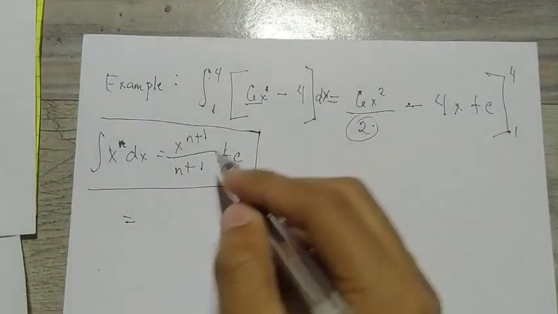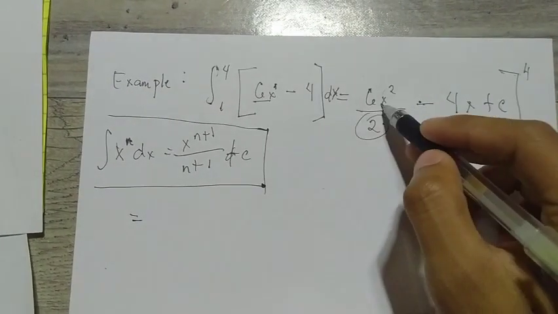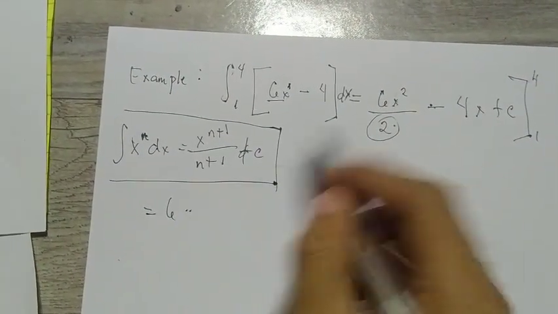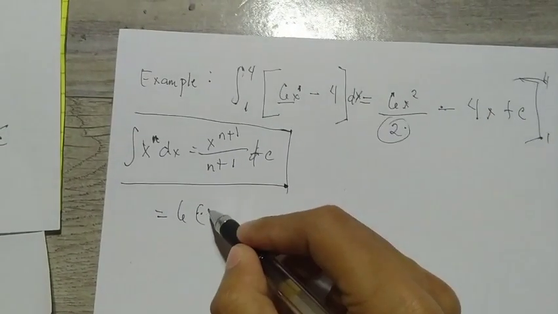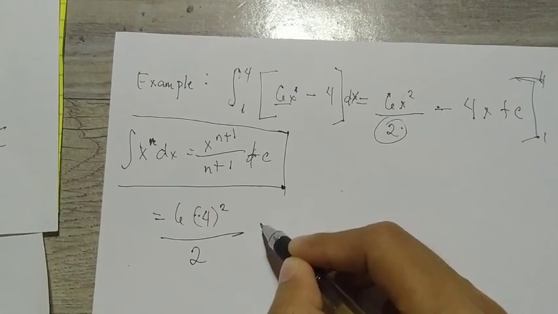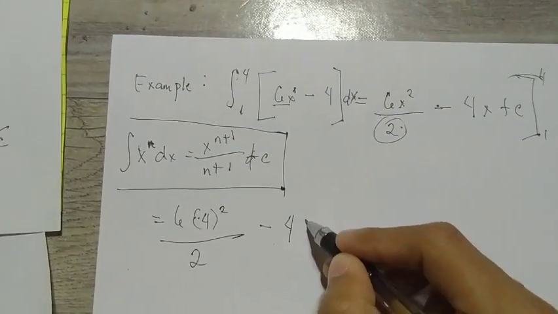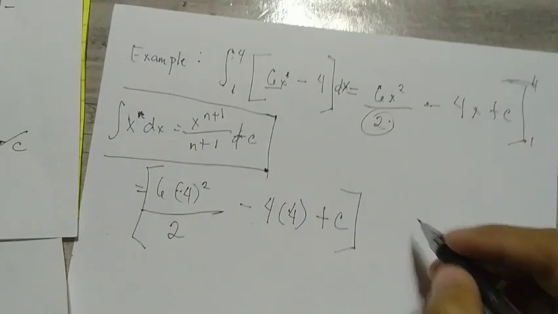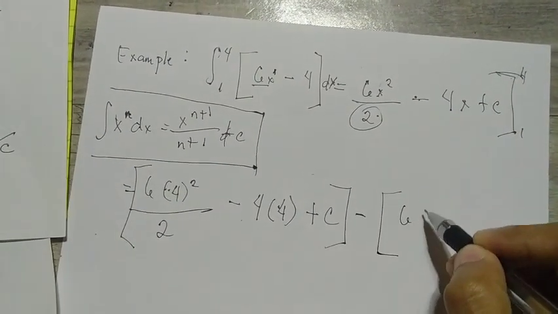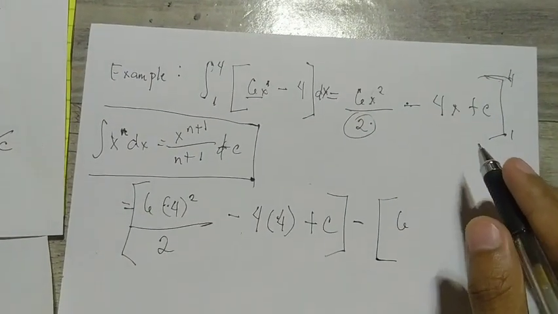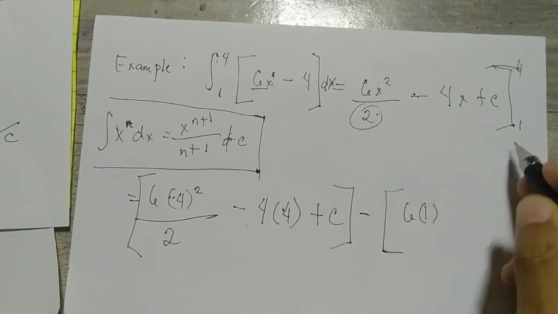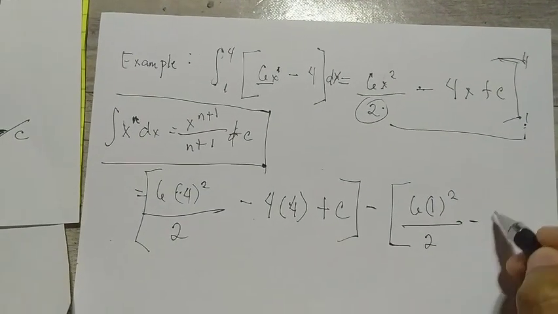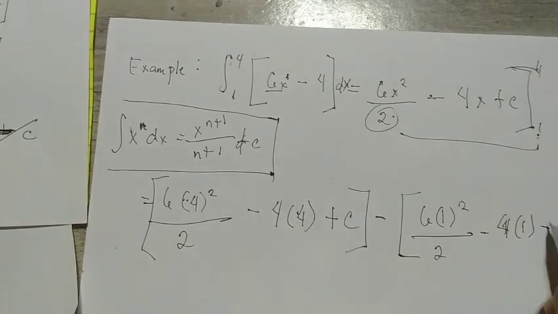The limits are 1 and 4. So we substitute the value of x, which is 4: 6 times 4 raised to the power of 2 over 2, minus 4 times 4, plus c, minus 6 times 1 squared over 2, substituting the value 1, minus 4 times 1, plus c.